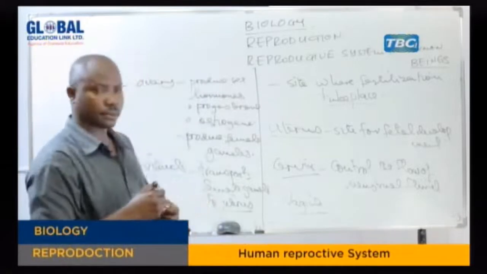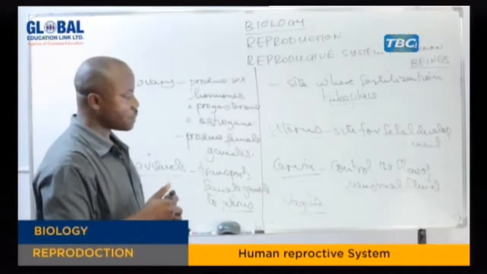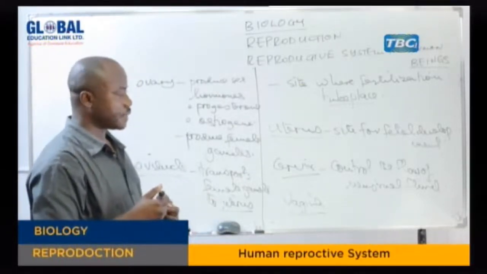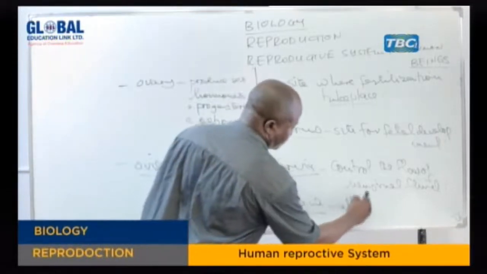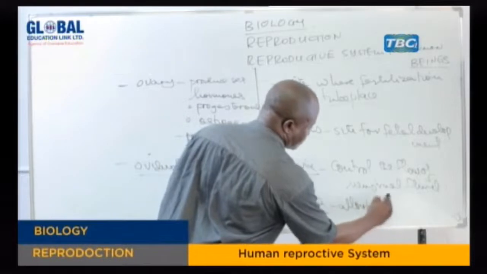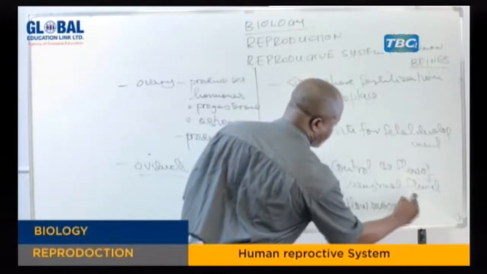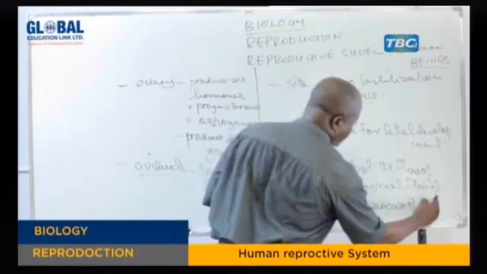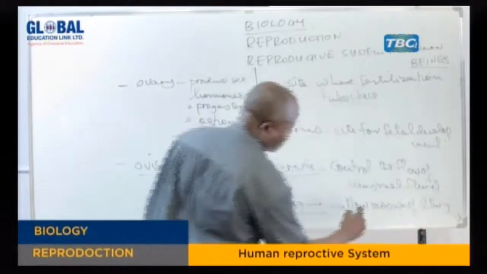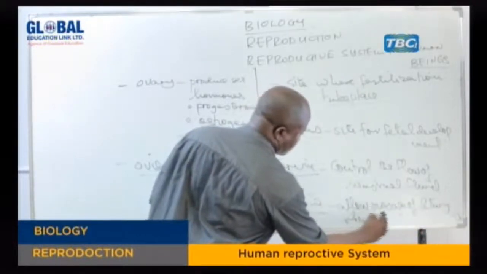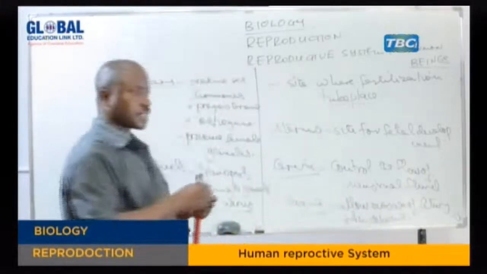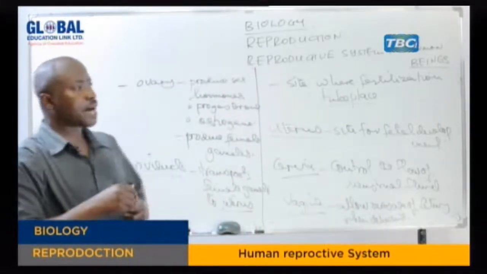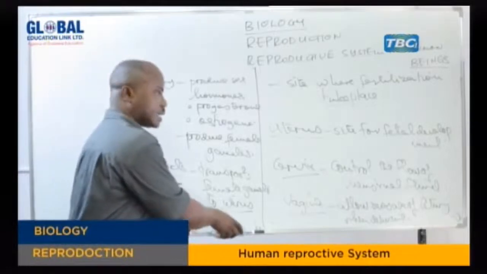This is the birth canal which allows the passage of the fetus during delivery. These are the functions of the inner parts of the female reproductive system.